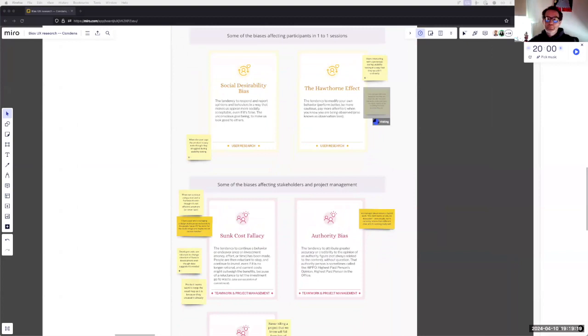One of the examples we have here is interacting with a prototype during a test in a way that they wouldn't normally do. I've definitely seen that happen.